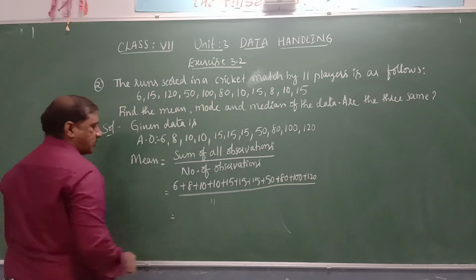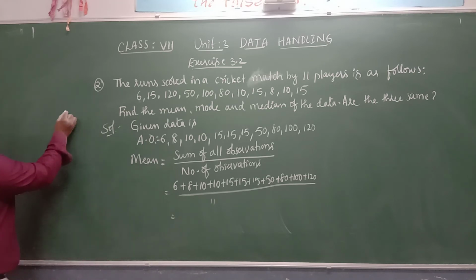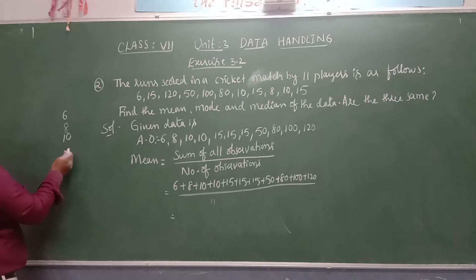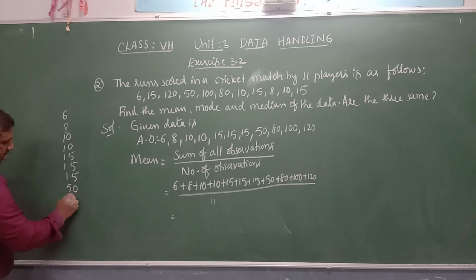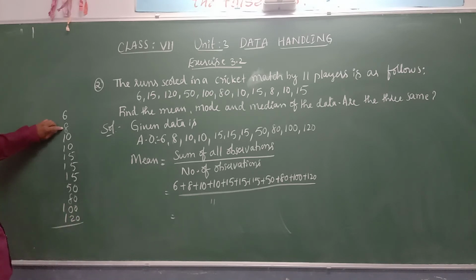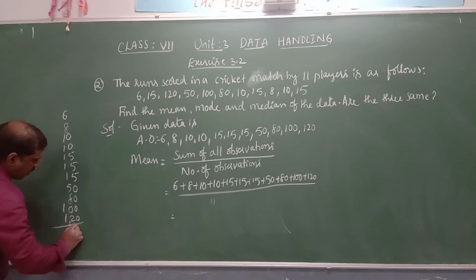That is equal to, add all the numbers: 6, 8, 10, one more 10, 15, 15, 15, 50, 80, 100, 120. Add the numbers. 6 plus 8 is 14, 5 plus 5 is 10, 10 plus 14 is 24, 24 plus 5 is 29.